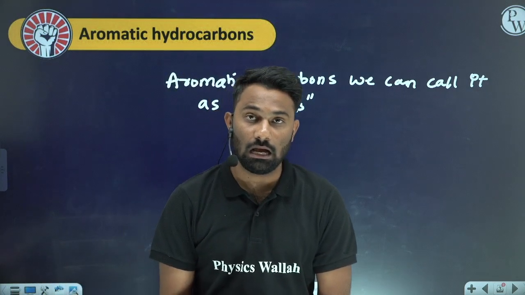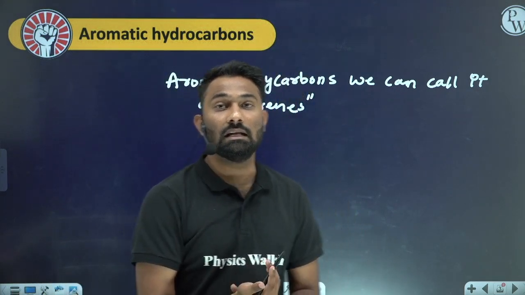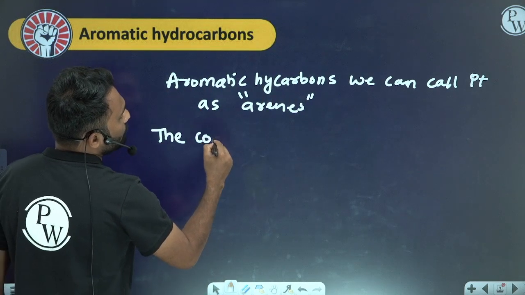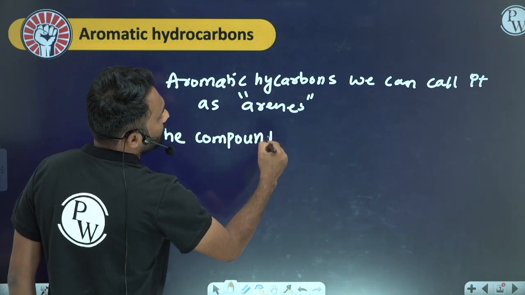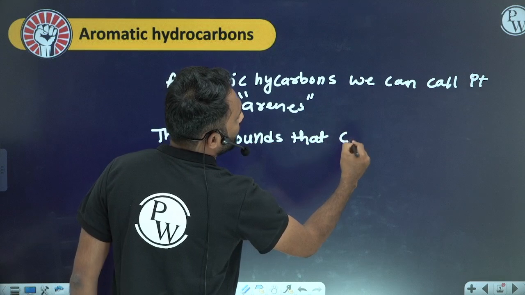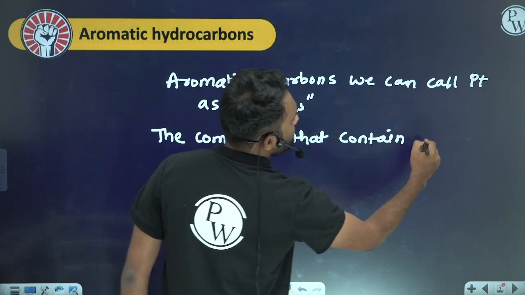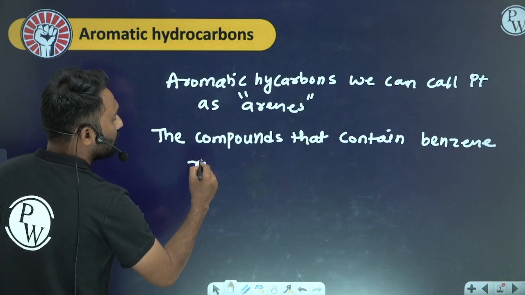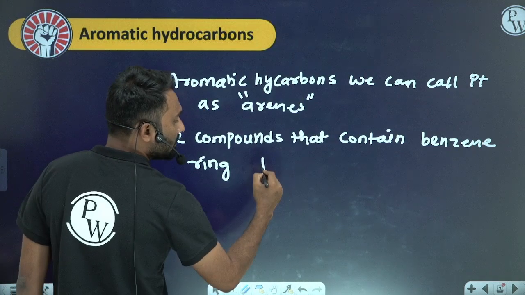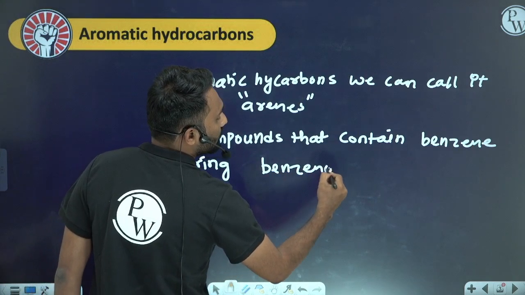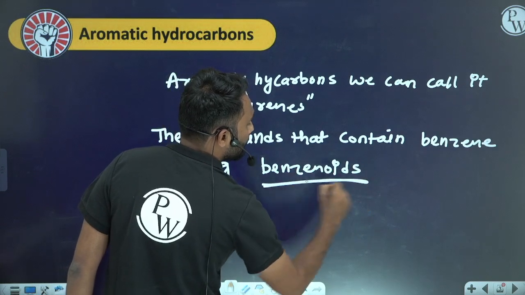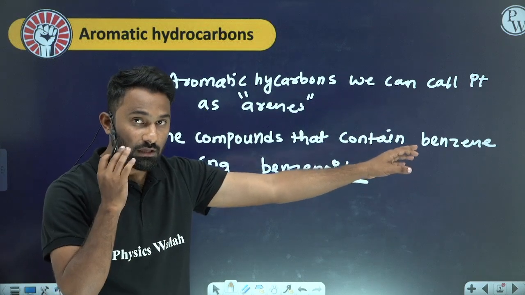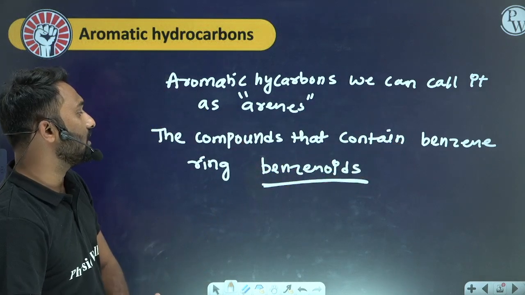In aromatic hydrocarbons, the compounds that contain a benzene ring, we call them benzenoids.